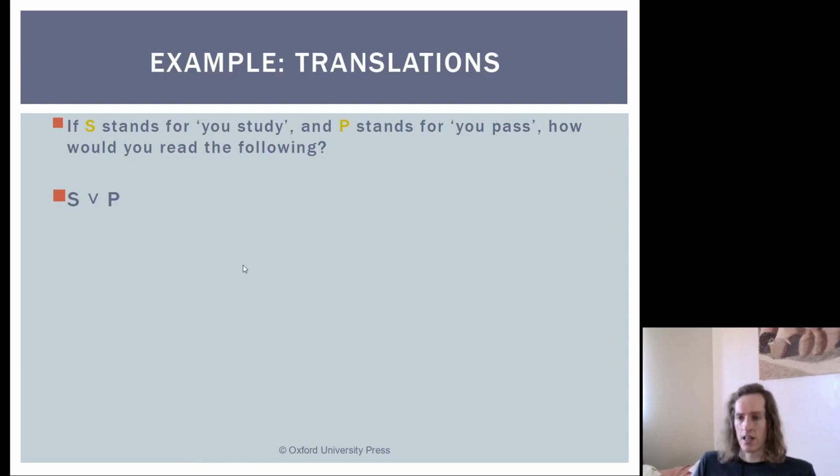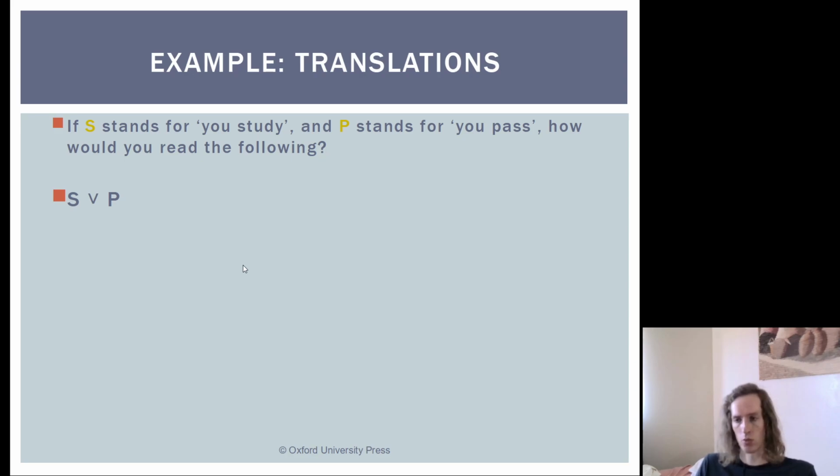So if S stands for you study and P stands for you pass, how would you read the following? In the first instance, we've got S vel P, and so we'd read that as S or P, which means either you studied or you passed. Which doesn't make a whole lot of sense by itself, but logically that's not a problem.